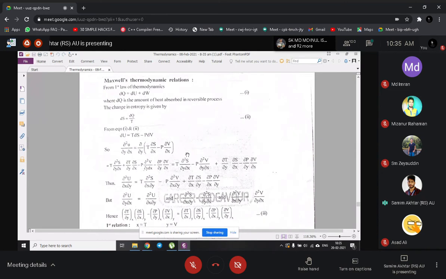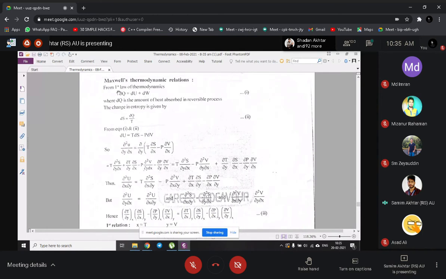So Maxwell derived, from the first law and the second law, how those parameters are related. So how to relate it? Basically from the first law of thermodynamics, dq is here, and this is ds, basically the temperature. Ds is related to the amount of heat, and heat is provided by the first law of thermodynamics, dq equal to du plus dw.